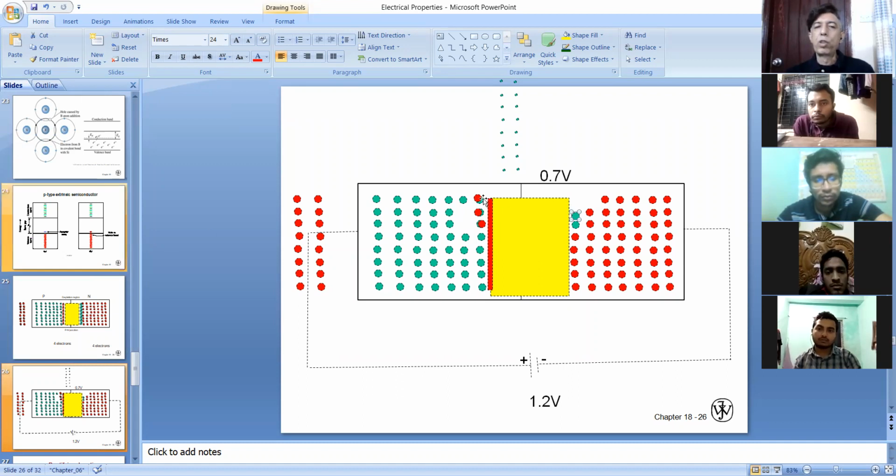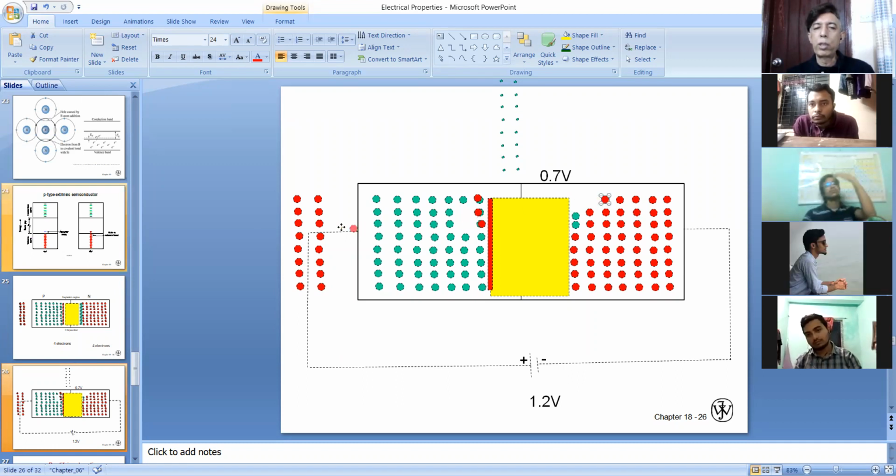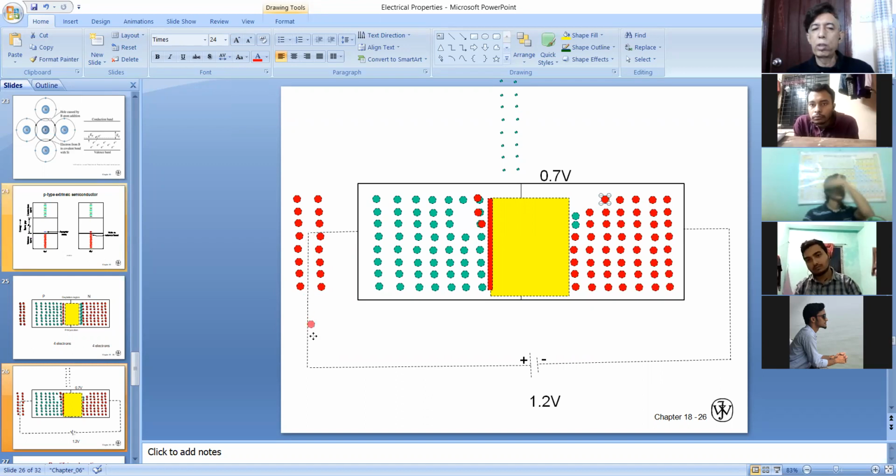And these holes can also pass through this easily and combine. So this electron can pass through easily, and this is repelling, and this will go this way. This electron also will go this way.